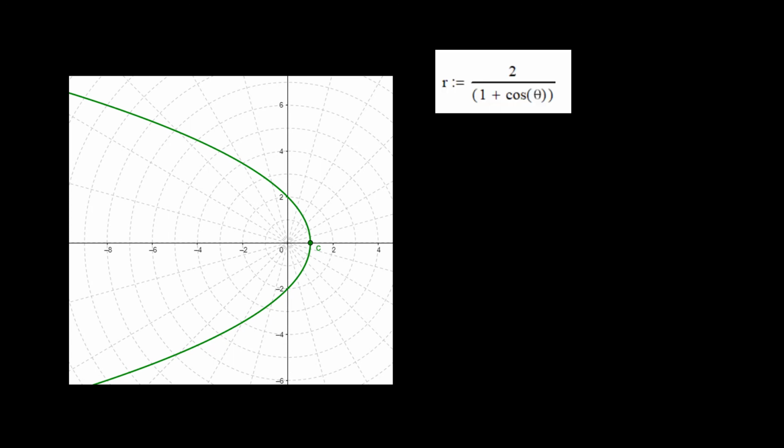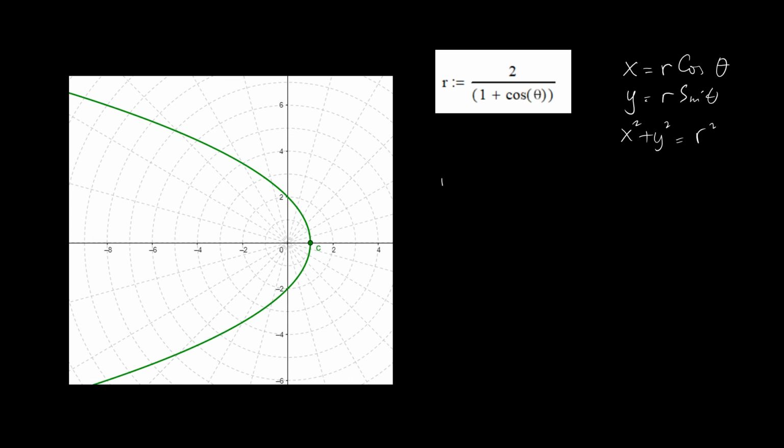Let us consider this curve whose equation is r equal to 2 all over 1 plus cosine theta. Let us determine the corresponding equation of this curve in the rectangular coordinate system, meaning the equation in terms of x and y. We know that x is equal to r cosine theta, as well as y equal to r sine theta, and that x squared plus y squared is equal to r squared.